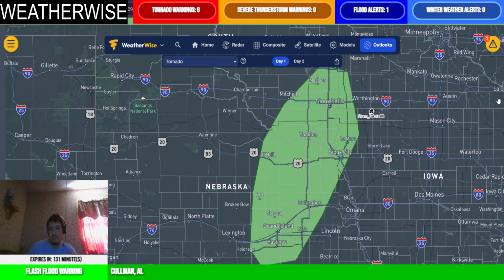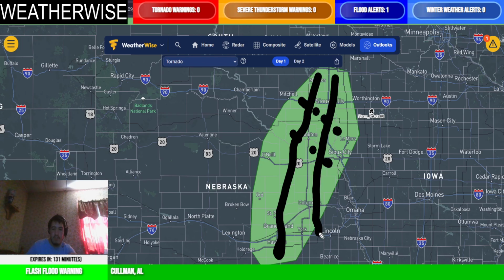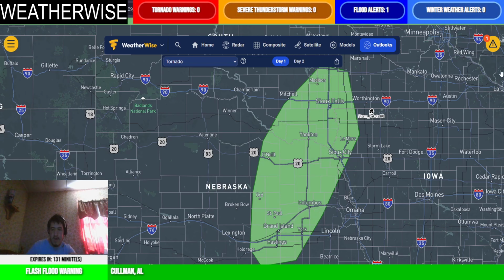So let's say if this is significant, we'd be seeing dashed lines all over. And now let's say if this was 2% hatch 2 or sig 2, we'd be seeing dotted lines and then something like this. I know my lines are straight, but yeah, you'd be seeing something like that.